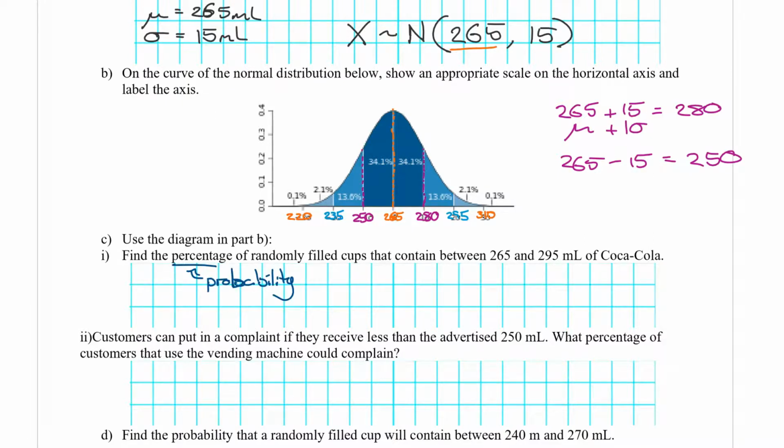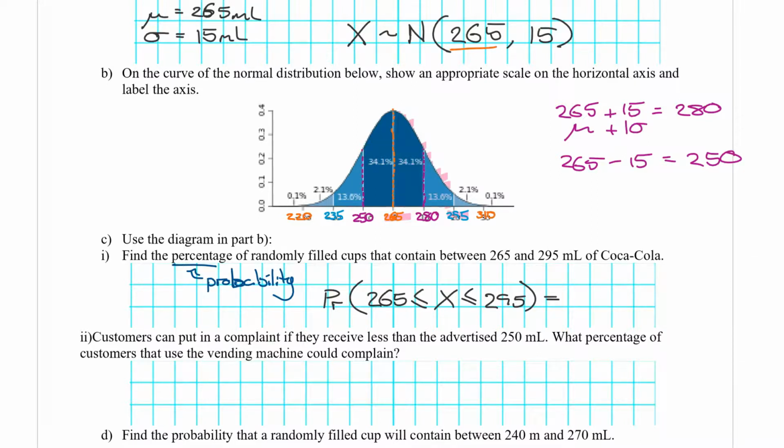So we can write that as the probability of our random variable being between 265 and 295. What's the probability of that? Well, looking at our curve, we locate 265, which is there, and 295, which is there, and we have to add the area in this curve there.